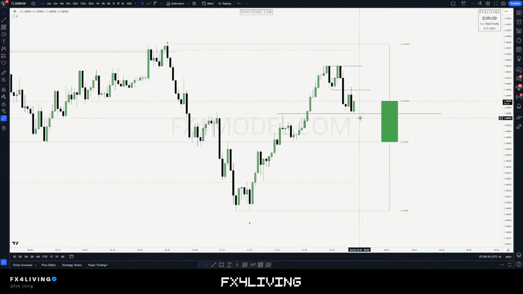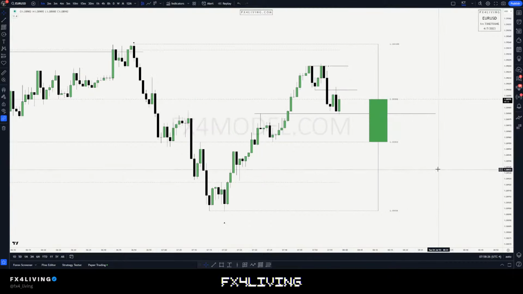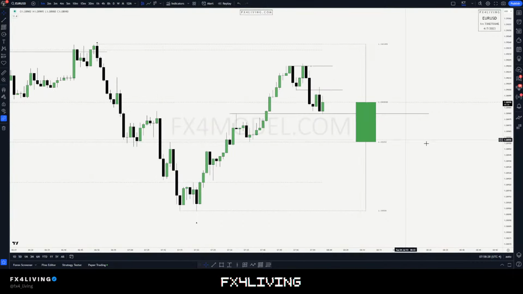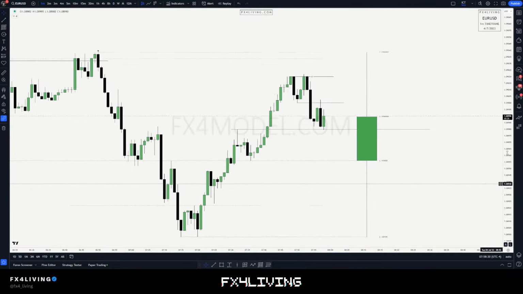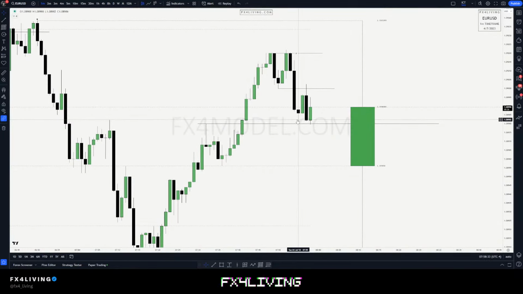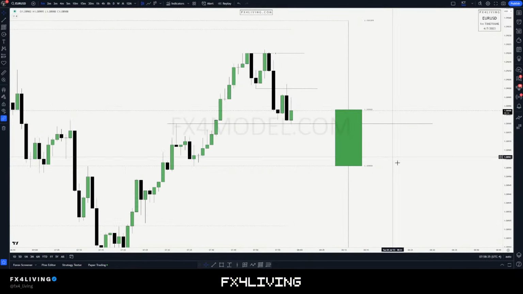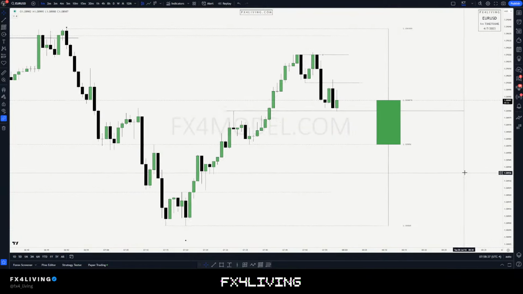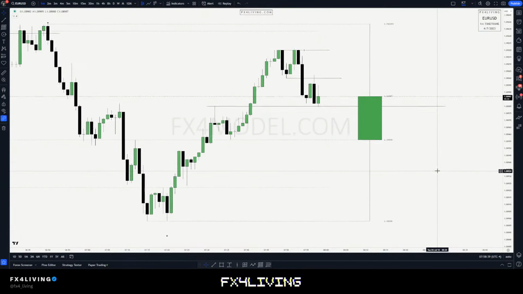But okay, so you see this reaction from this imbalance? I like that. And we kind of break this small low here, but this is a very small setup, right? And this candle's not closed yet too. It's 20 seconds left, right?